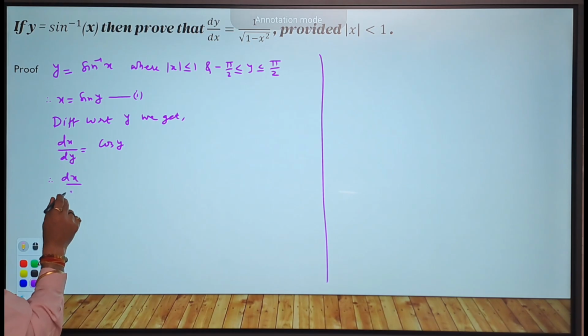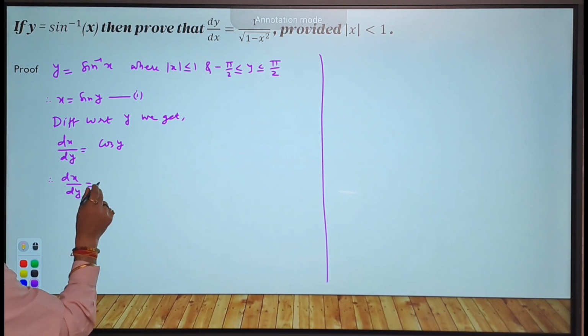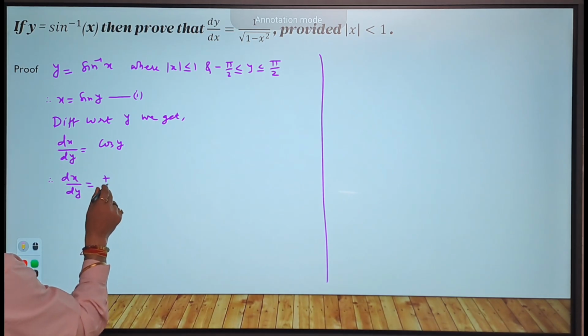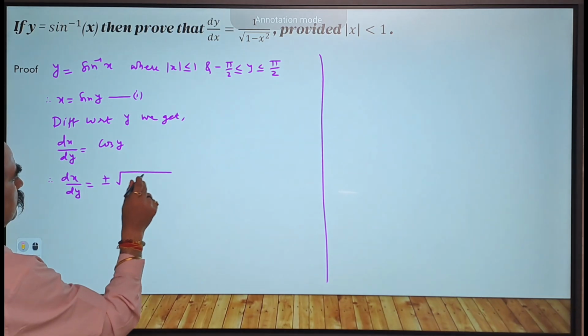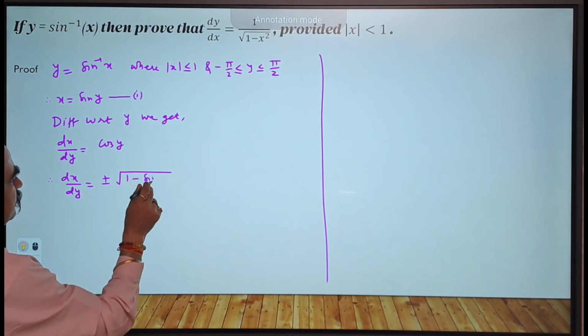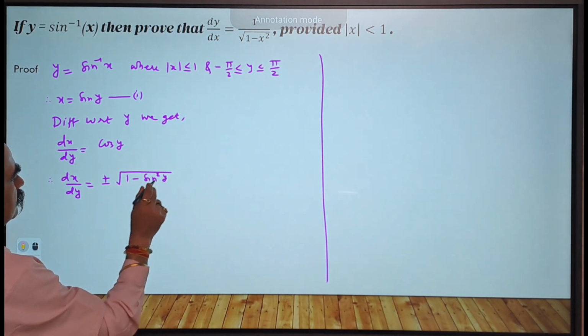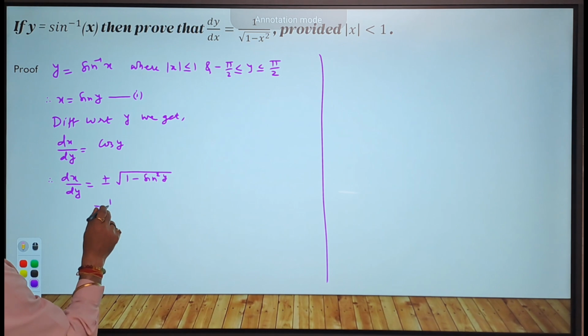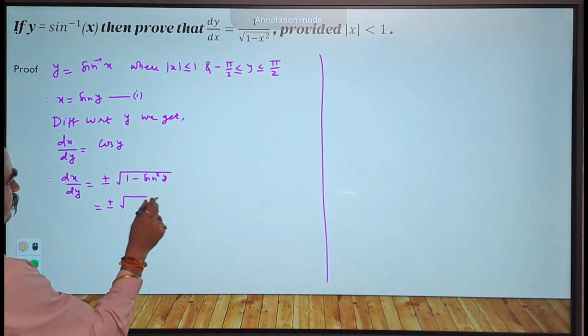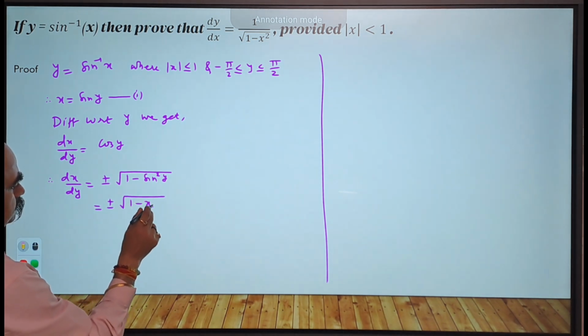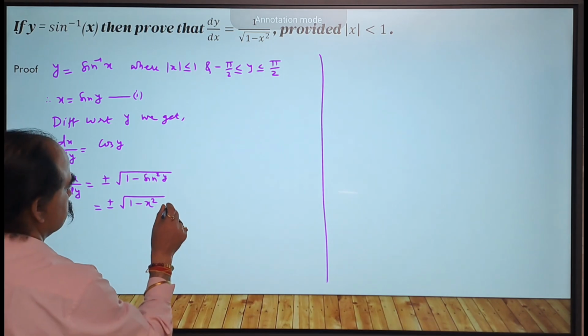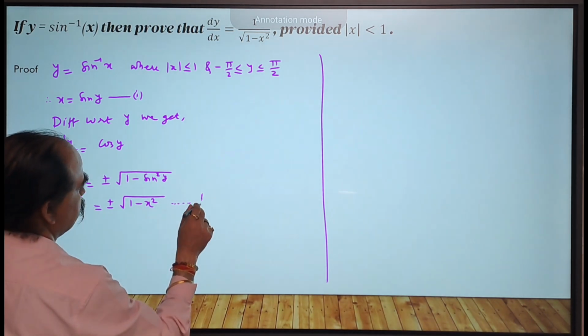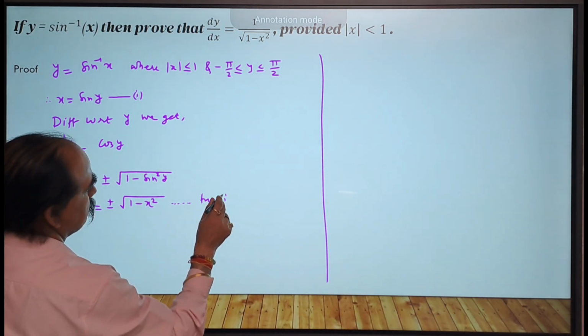So dx by dy is what? Plus minus root 1 minus sine square y, plus minus root 1 minus x square, reason from 1.